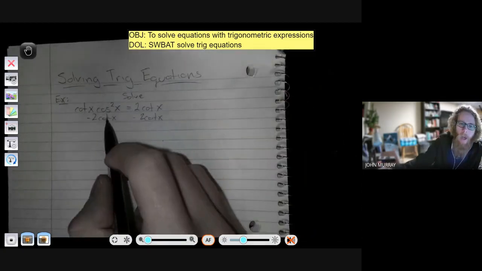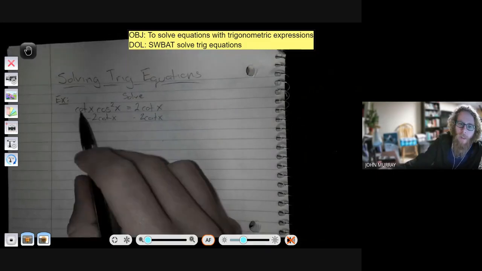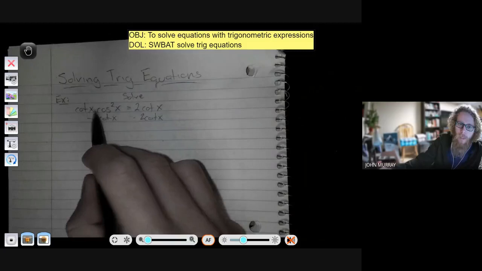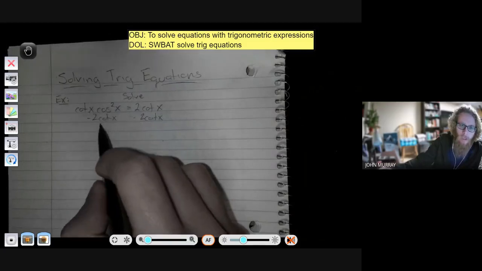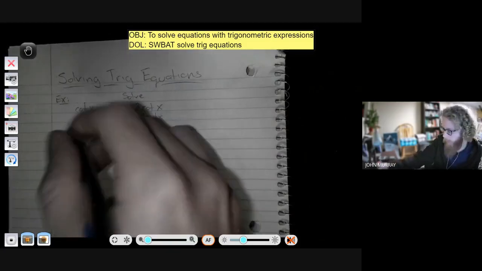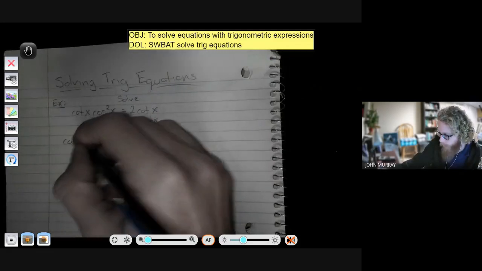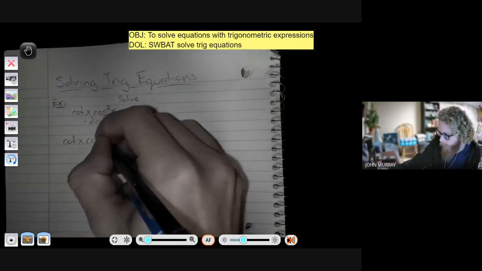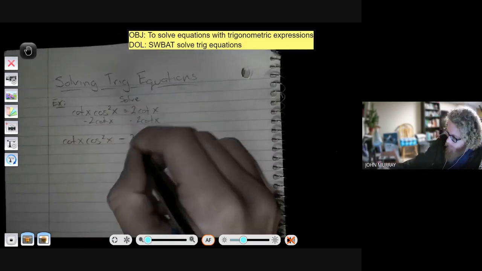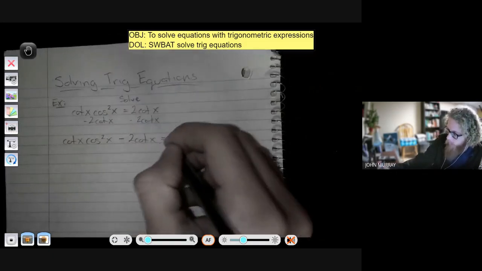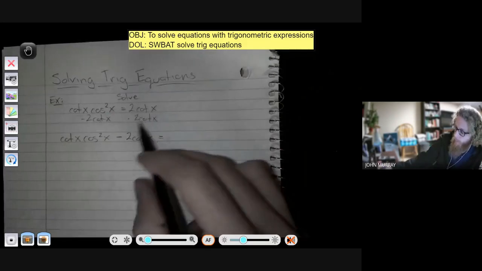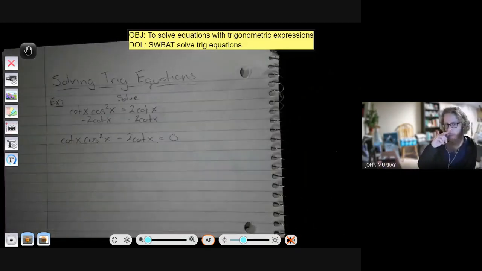Now, on this side, I can't combine these two, because this has a cotangent and a cosine, and this just has cotangent. So all I can do on the left side is just rewrite it as cotangent x cosine squared x minus 2 cotangent x. And then on the right side, because I removed everything that was there, I'm going to have a 0.